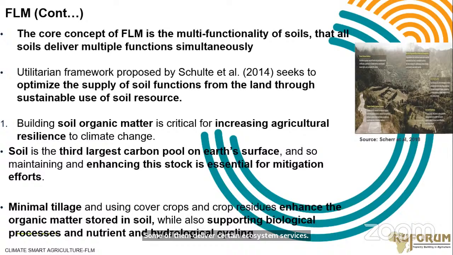And so we have to manage them in a way that they are able to deliver best such services that they are more appropriate for. So this framework seeks to optimize the supply of soil functions from the land through sustainable use of soil resources. And one way of doing this is through building the soil organic matter.